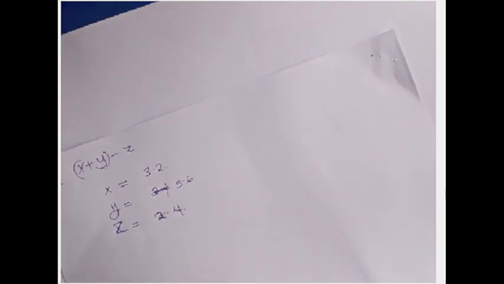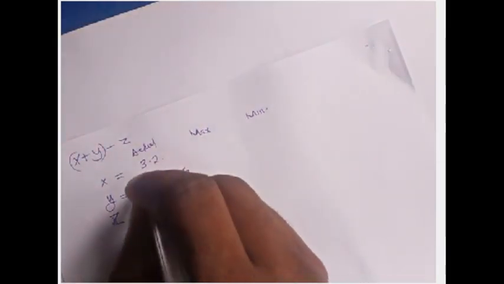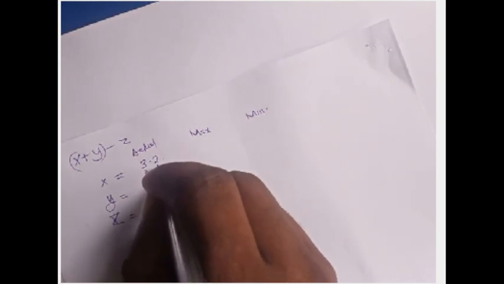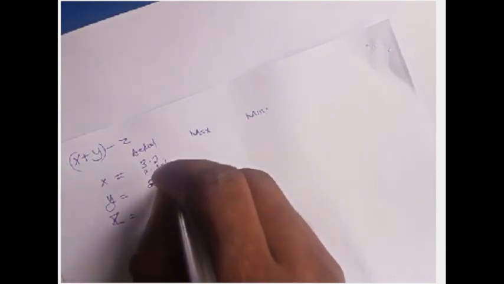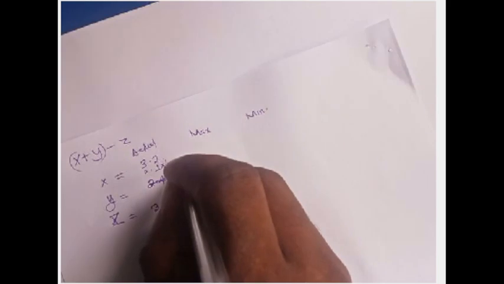So for these three measurements, we can find the maximum and the minimum, because these are actual values. What is the maximum value for this one? Our absolute error in each measurement is 0.05.